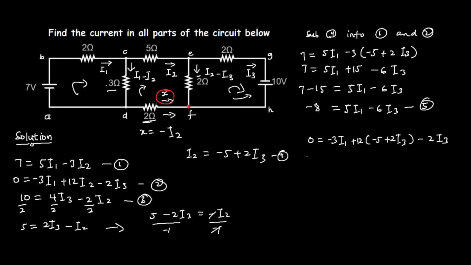Now let's simplify this. So you have what? 0 equals minus 3I1. Then 12 multiply what? Minus 5. That gives us what? Minus 60. And then 12 multiplying 2I3. That what? Plus 24I3 minus 2I3.